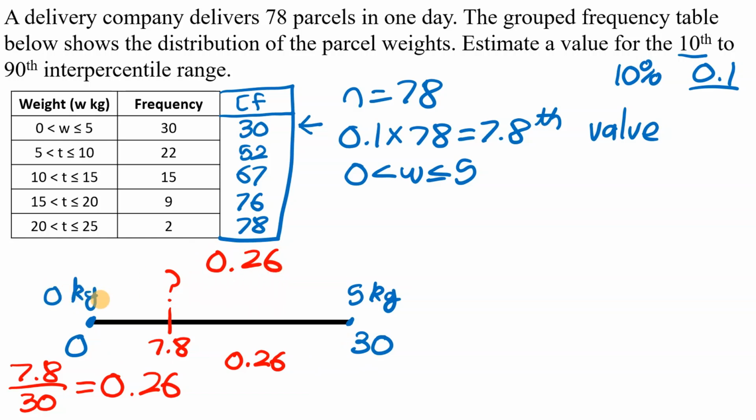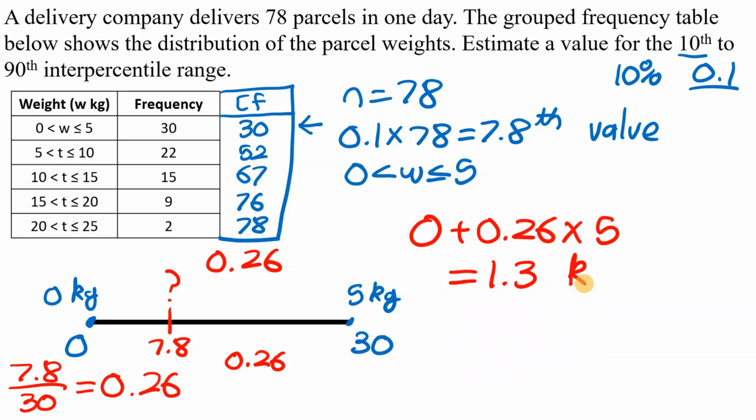So this interval starts at 0 and then it's going to be plus 0.26 along the interval, multiplied by the width of the interval. It's between 0 kg and 5 kg, so the width is 5 kg. So we're going to multiply 0.26 times 5, and if you put this into your calculator, this is equal to 1.3 kg. So this is the 10th percentile.